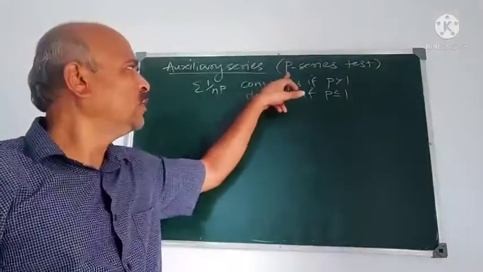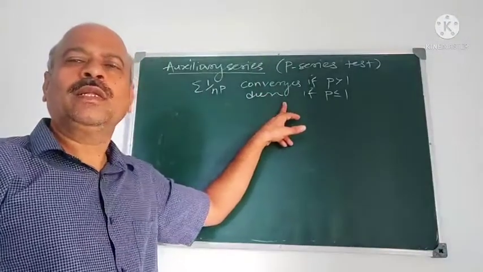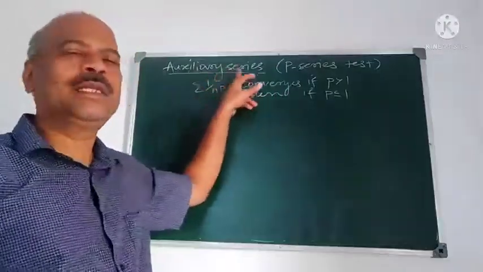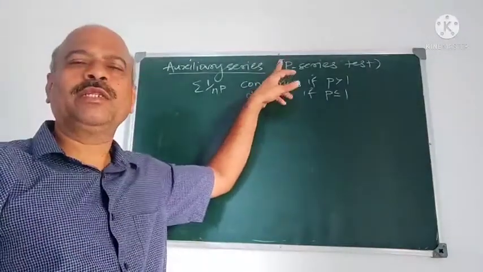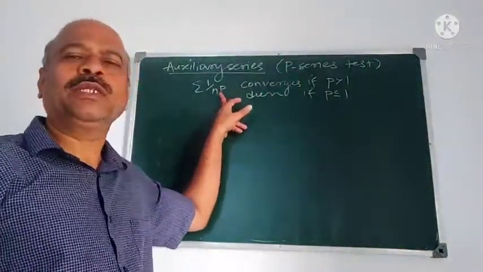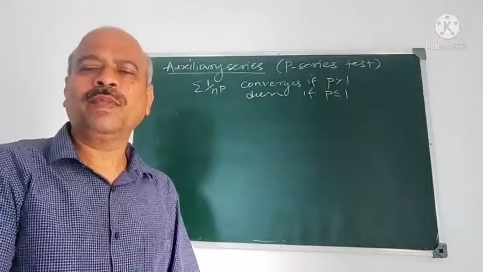Therefore, it is very important. Proof: I explain first the proof of this one, then practice comparison test 2, then I explain how comparison test 2 and this P series test can be used to solve the problems.